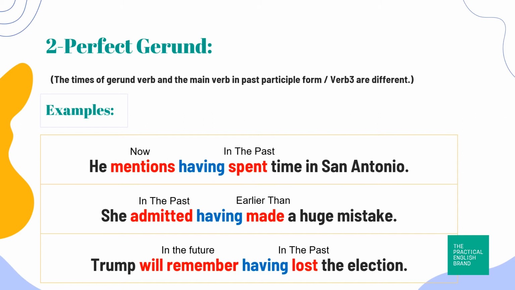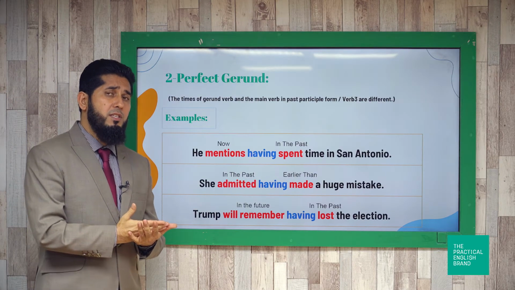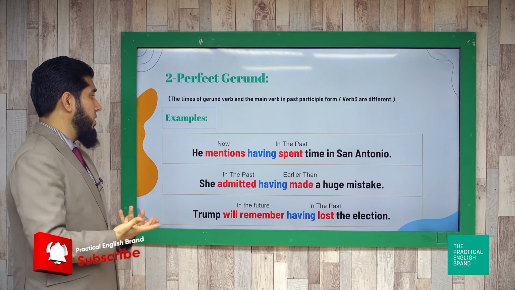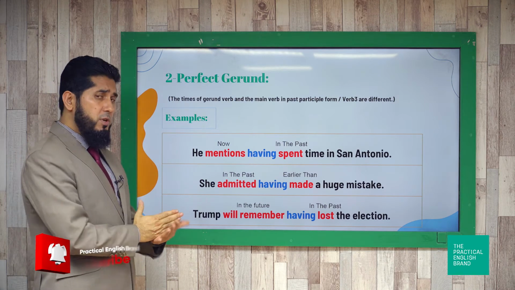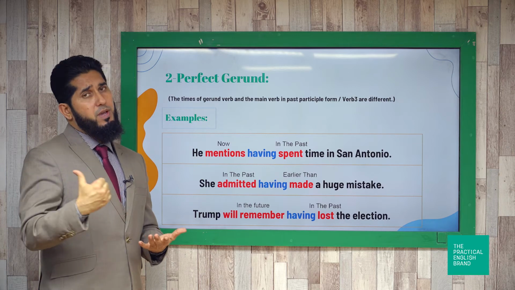Examples, look at the first example. He mentions having spent time in San Antonio. So he mentions now, at present time, that he spent time in San Antonio in the past, a past action. In other words, when we use perfect gerund, we talk about the present remark of a past action or the past remark of a past action.